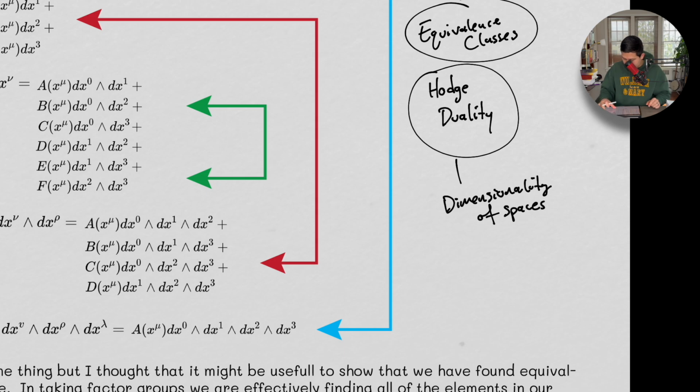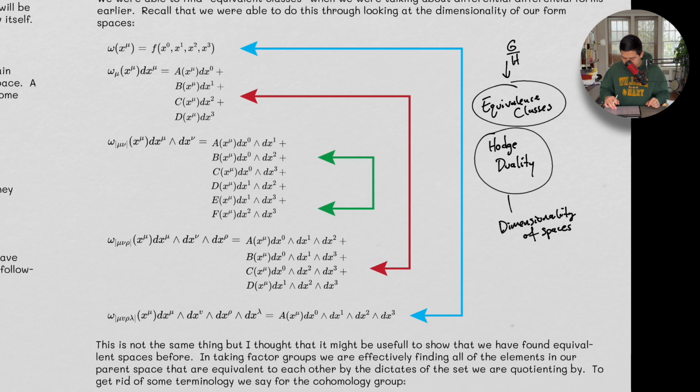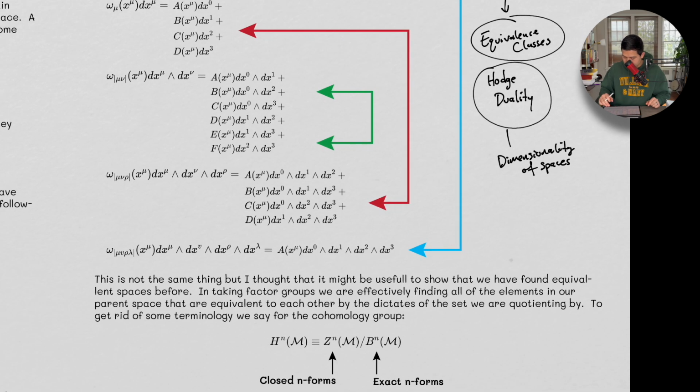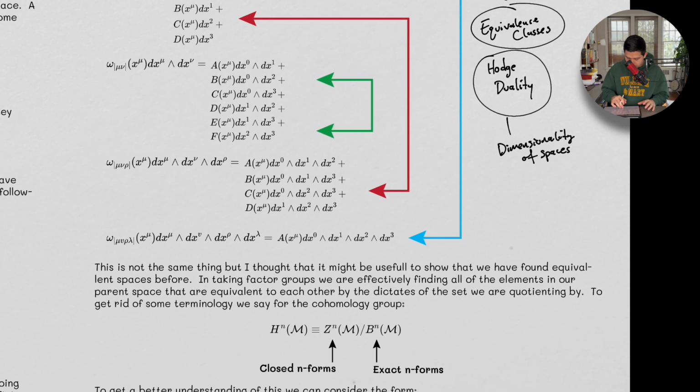And that fundamentally came down to a little bit of combinatorial mathematics. But the idea of finding equivalent things to each other, we want to keep that in mind.